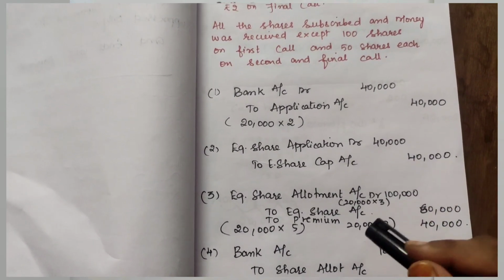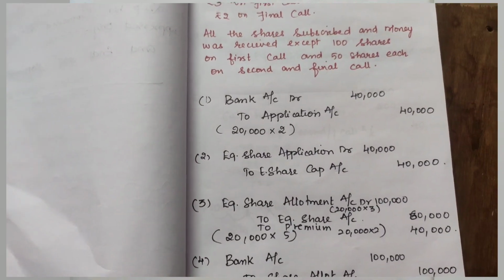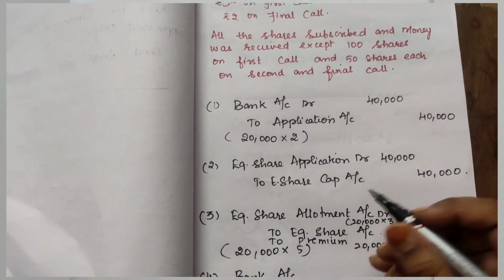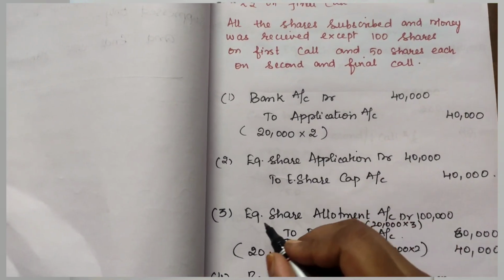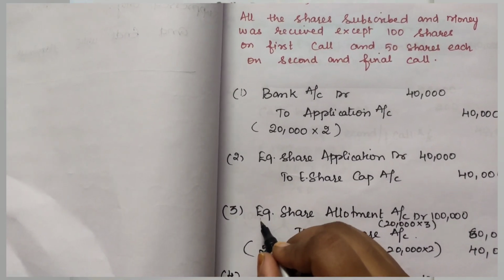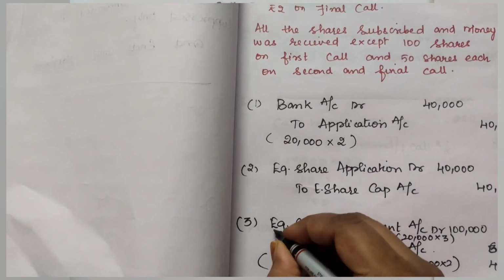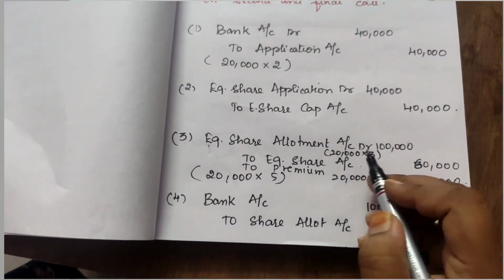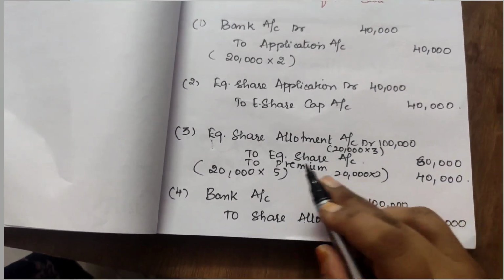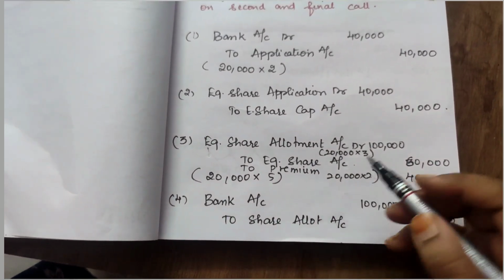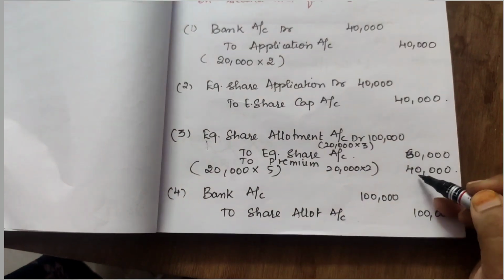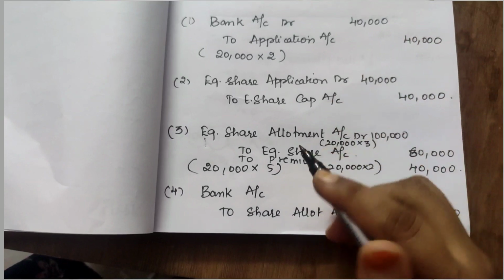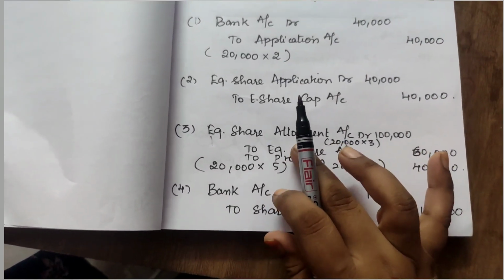Premium should always come on the credit side, I'm extremely sorry. So overall 60,000 and 40,000, overall 1 lakh. This is the invitation; you are sending the invitation card. So it is the invitation entry.